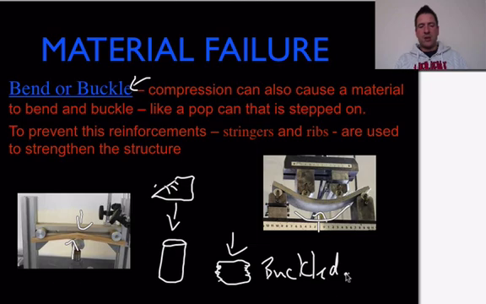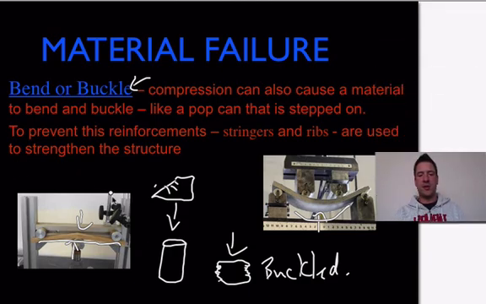Okay, so sometimes, to prevent this, they add reinforcements like stringers or ribs, and they're used to strengthen a structure. So stringers we can put along the side to support the structure, just like stairs. Stairs actually have stringers. When I built my steps outside, I had metal stringers that came down and then went out, pointed up, and came up the side of the stairs.